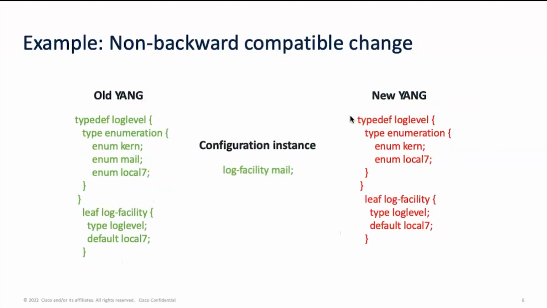So the existence of this configuration and this new Yang module is conflicted. So there is a conflict here. This means we cannot keep this configuration on the device. Otherwise, this is not valid.